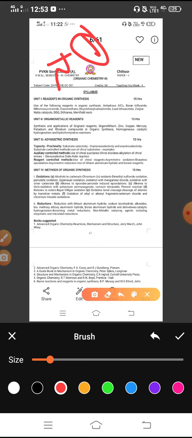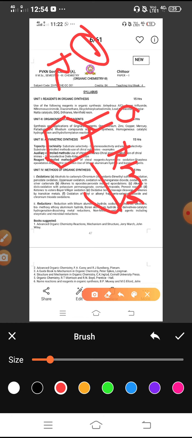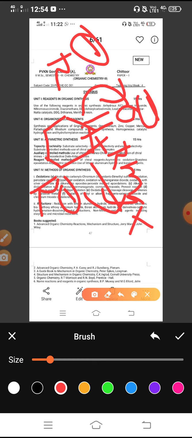For example, we are treating a C double bond O, cyclohexanone, a ketone, with Grignard reagent RMgX. In RMgX, R minus is coming. We know that in the carbon and oxygen bond, the electrons migrate to oxygen, so this is O minus and this is plus.